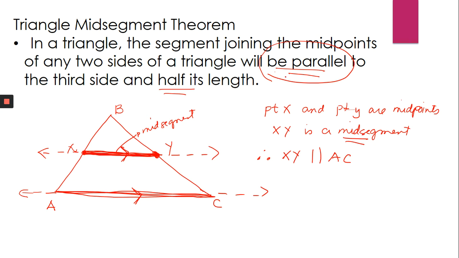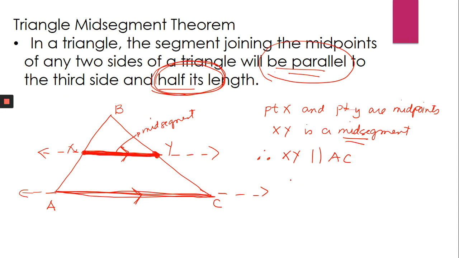Now, aside from being parallel, it also states that the mid-segment is half the length of the third side. Okay, so it's half. So notice that XY is shorter than AC. So it's not hard to identify which one is half of the other side. Okay, so XY is half of AC.